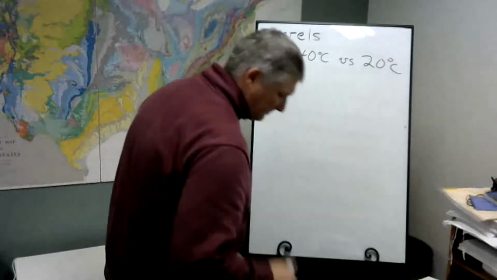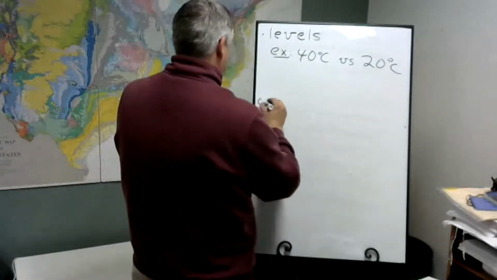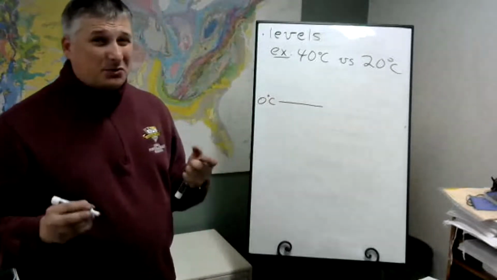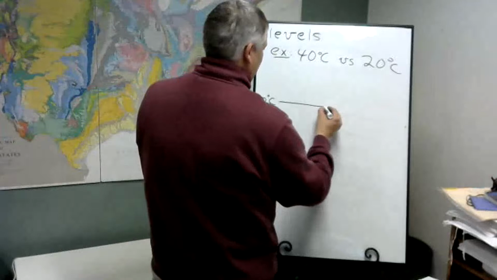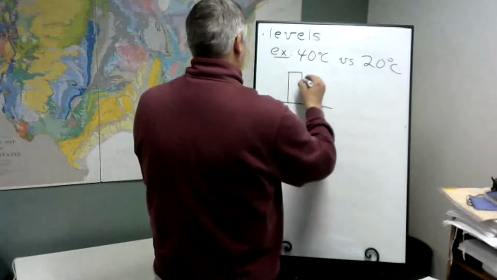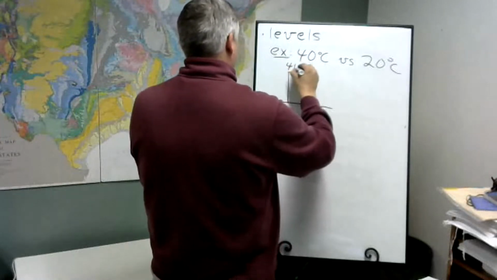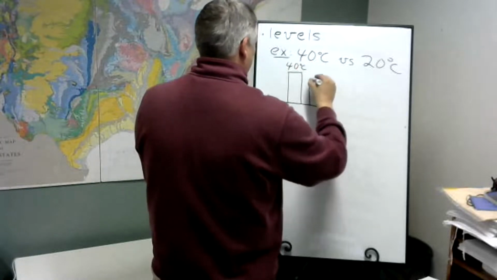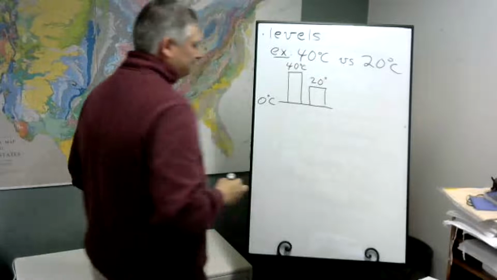Here's the thing. Here's 0 degrees Celsius. And again, we've talked about this not being a natural zero. I'll explain why. It's 40 degrees Celsius. Here's 20 degrees Celsius.